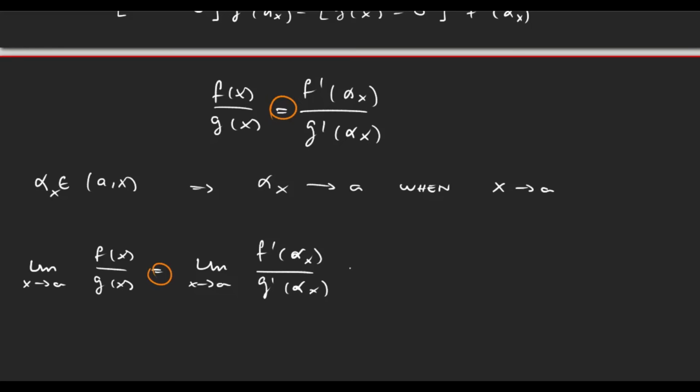And this is changing the variables because we have this. We can just call it the limit when y tends to a of f prime in y divided by g prime in y. And this is just L'Hopital's rule.